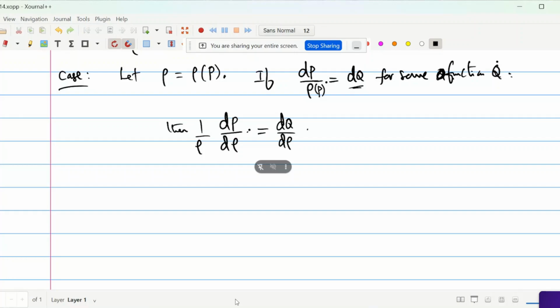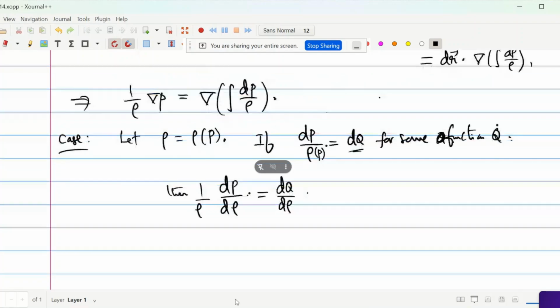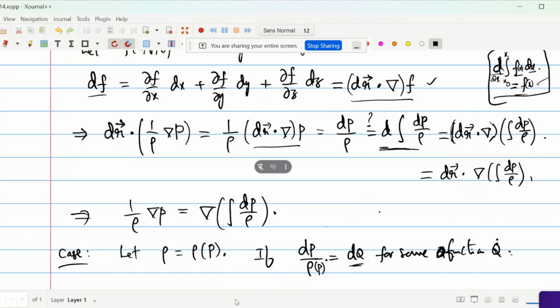Then how do you integrate this one? You understand now?